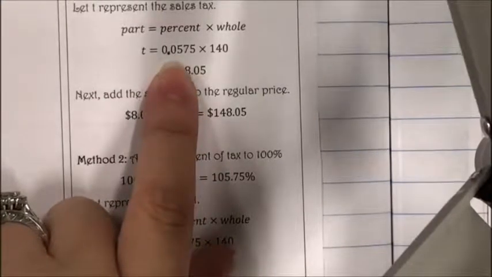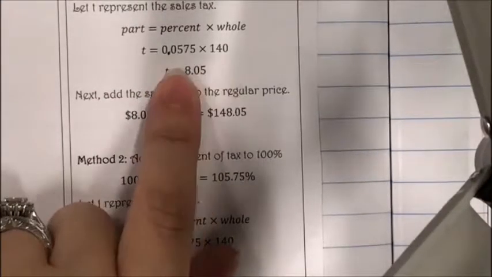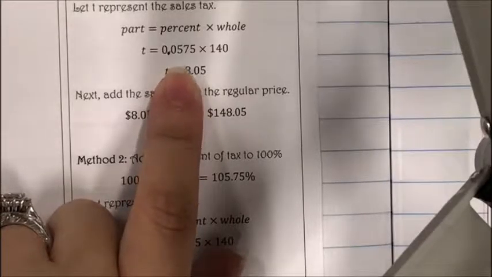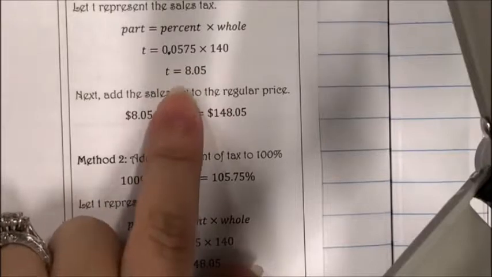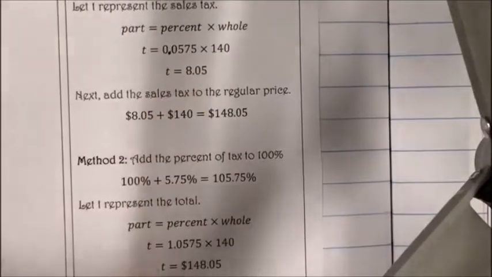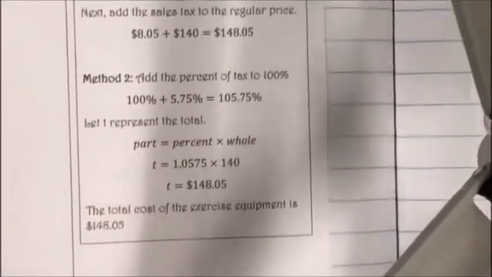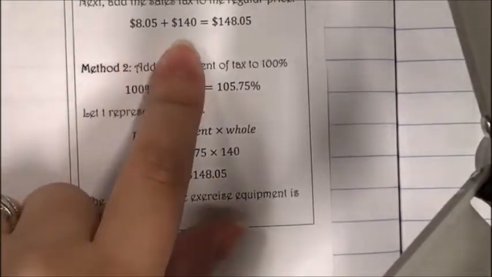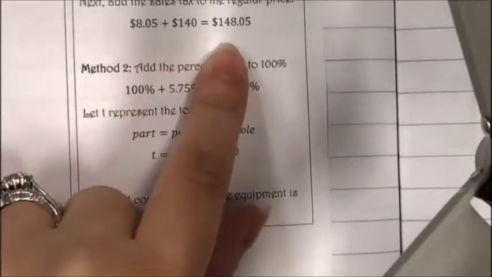So I took the percent times the whole. Remember, percent was 5.75. I changed it to a decimal, multiplied it by 140, and I get 8.05. Then I add the sales tax to the regular price. So I did $8.05 plus $140.